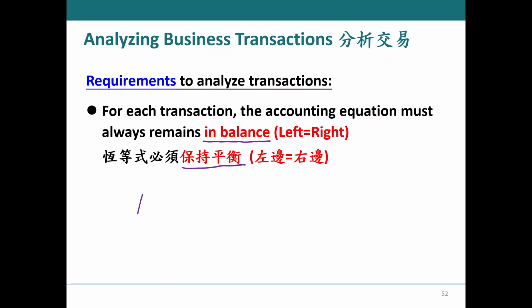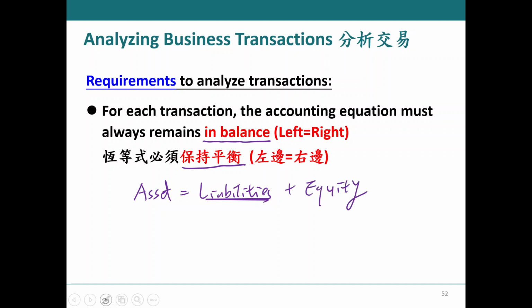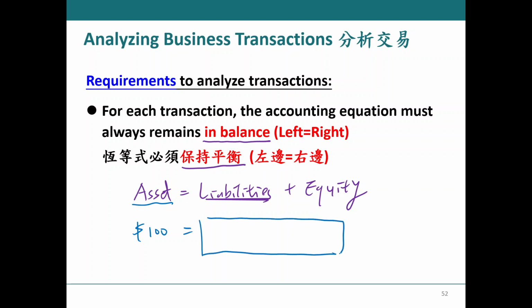The accounting equation: assets equal liabilities plus equity. When we use it, don't forget to always make sure that, for example, $100 on the left should be equal to $100 on the right. Okay? So that's in balance.